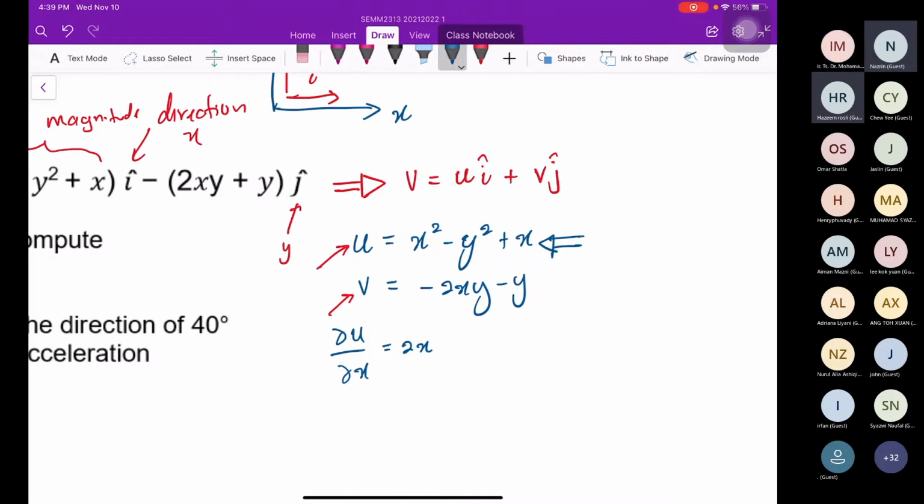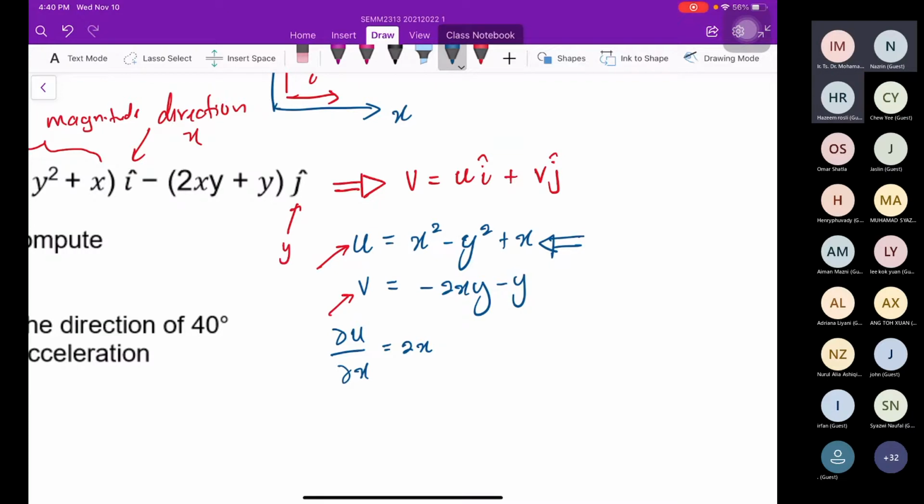For the u, differentiate u with respect to x. So the first becomes 2x, and then minus 0 plus 1. Oh, clever, perfect. Why minus 0? Because we differentiate partially with x, so whatever has no x we consider as constant. If we differentiate a constant, it becomes zero.